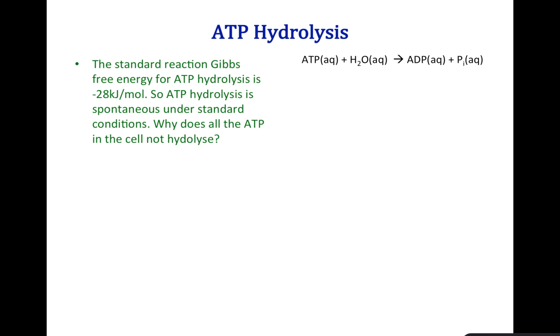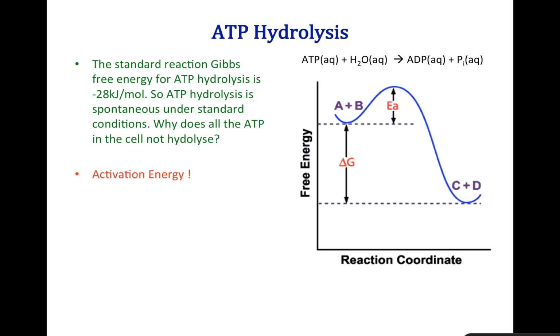The answer is that there is an activation energy required to hydrolyze ATP. This you must have seen before. If you have two reactants A and B and you need to go to C and D, sometimes there is an activation energy, although the overall free energy of C and D is lower than the free energy of A and B. So because of this activation energy, ATP does not spontaneously hydrolyze.